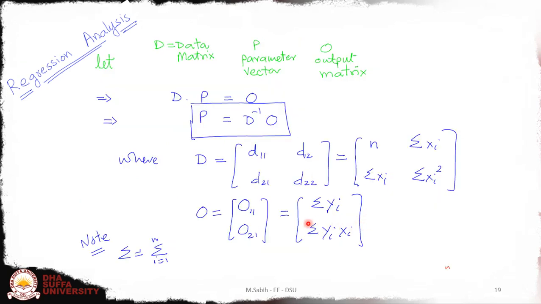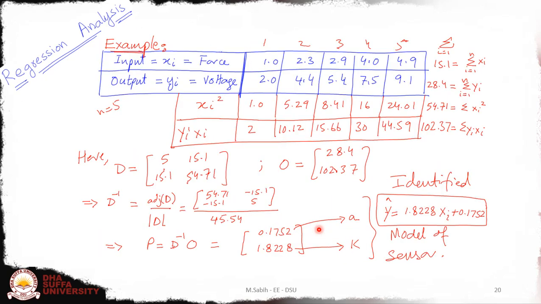You see this summation of xi and yi. What we do is multiply xi and yi: 1 times 2 equals 2 here. Then 4.4 is yi and 2.3 is xi, so 2.3 times 4.4 is 10.12. Similarly, 2.9 times 5.4 is 15.66. 4 multiplied by 7.5 is 30. 4.9 into 9.1 is 44.59.